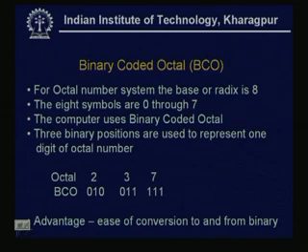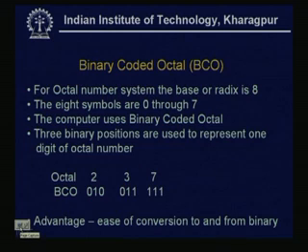So, even if octal or hexadecimal is used, they are converted into strings of zeros and ones, mainly binary values, only 2 values, then obviously it is very easy to implement for digital systems. The simple example I have given, that one switch we can always model as a switch on is 1, switch off is 0. That means, this is the binary system. So, first we see what is binary coded octal, normally we call BCO.